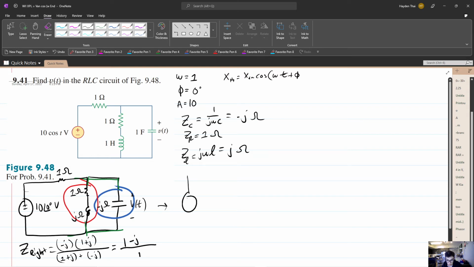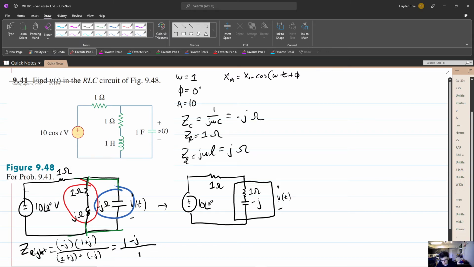Let's redraw our circuit one more time. Depending on what level of circuit analysis you're at, you might see your instructor putting a box.